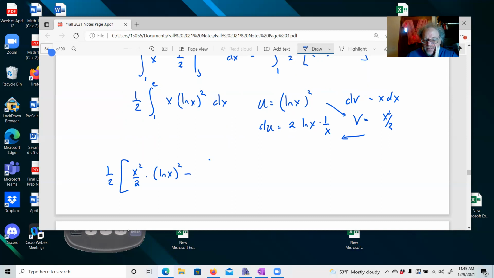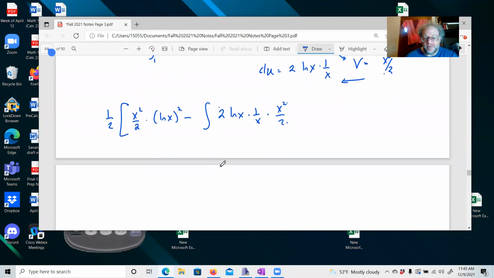Minus integral, right? I'll just write out the whole thing. So this is 2 ln x times 1 over x times x squared over 2. Clearly, we could make some stuff go away here, right? So the 2's are going to cancel, and we have x squared over x, so that's just going to be x.